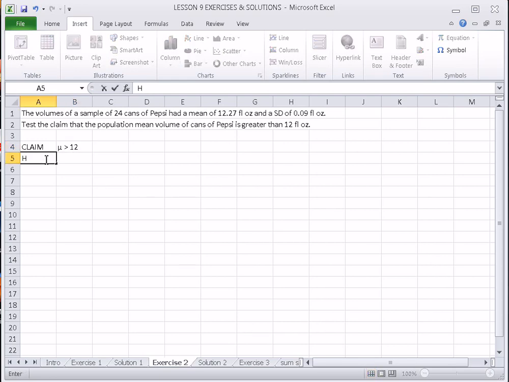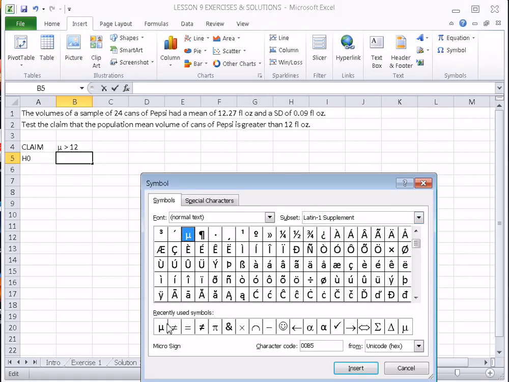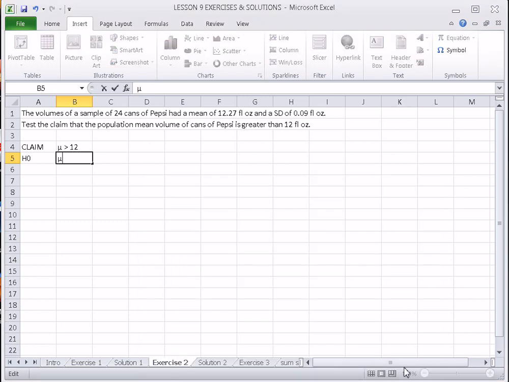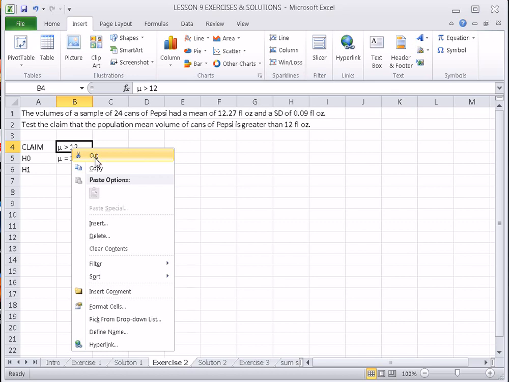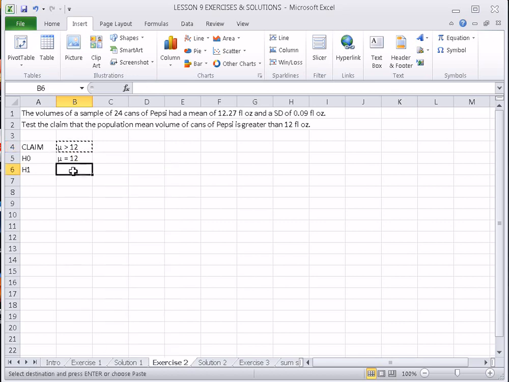So that means the null hypothesis, which is always equality, is that the population mean mu actually equals 12 fluid ounces. The alternative hypothesis is the claim. That's why we always state our claims as inequalities. And again, small sample size. Let's choose an alpha of 0.05.